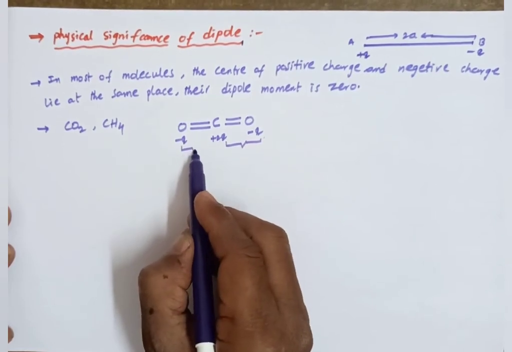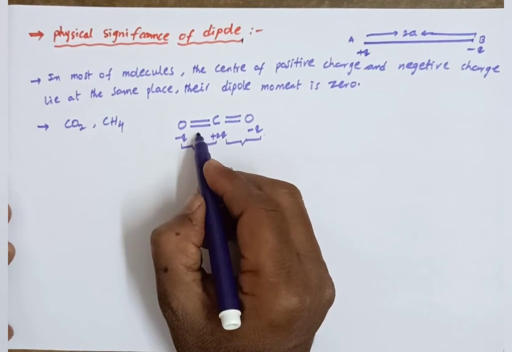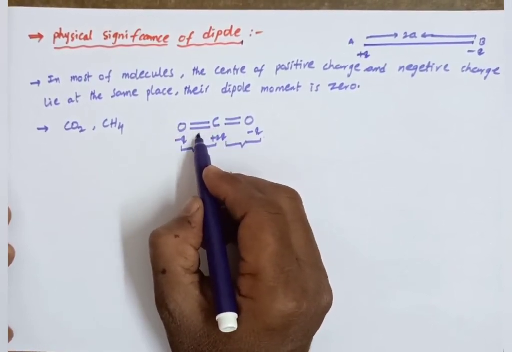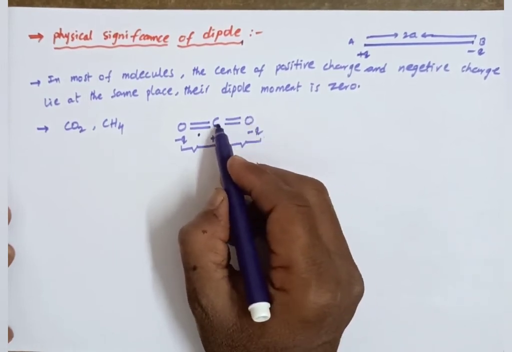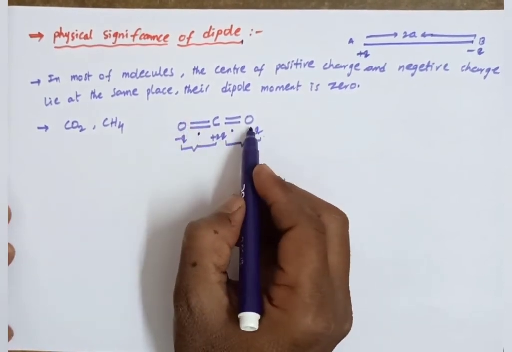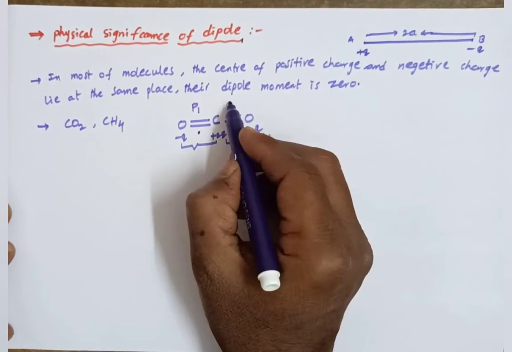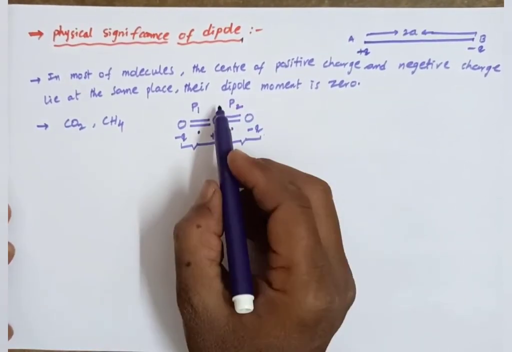So here equal and opposite charges. The center of mass between oxygen and carbon is this point, and the center of mass of this carbon and oxygen is this point. So it produces P1 and P2.